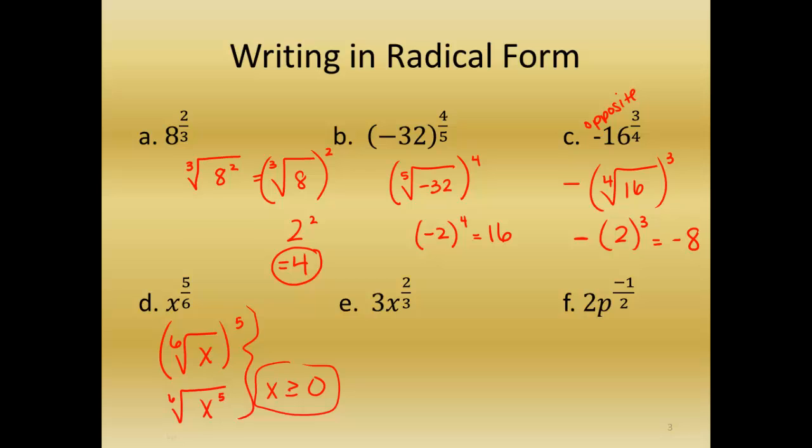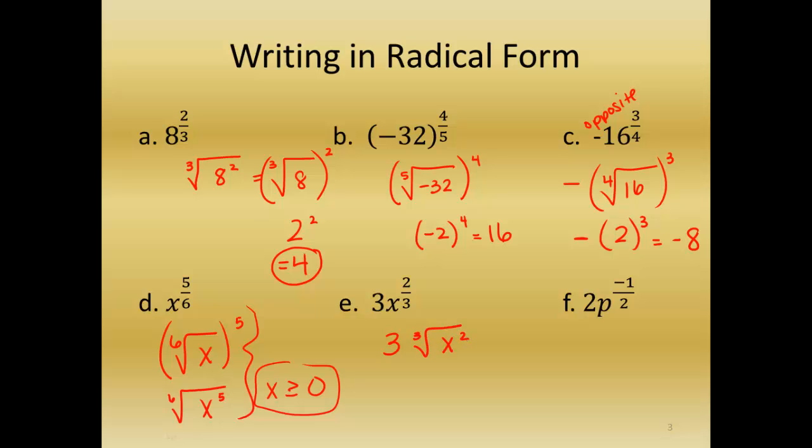Let's take a look at E. 3x to the 2/3 power. We have to keep in mind what is being raised to the 2/3 power. Is it the 3, is it the x, or is it both of them? For this particular situation, the 3 is not being raised to an exponent other than 1, so I'm going to leave the 3 as a coefficient of my radical. And then I'm going to write this as x squared.